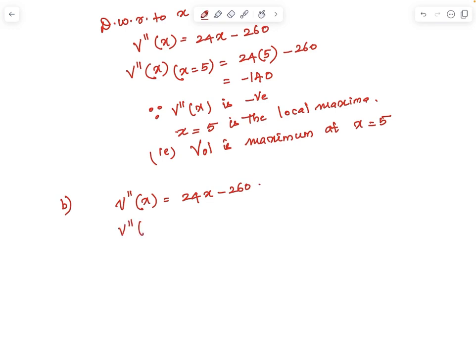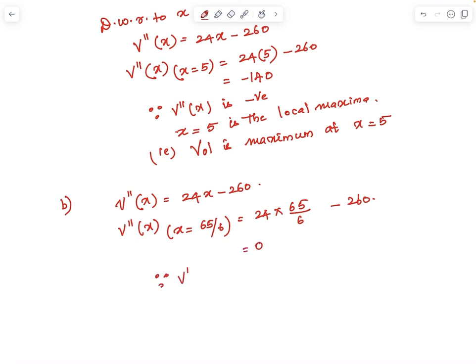Let's put x is equal to 65 by 6 in the V double dash. 24 times 65 by 6 minus 260. On solving this, we get 0.